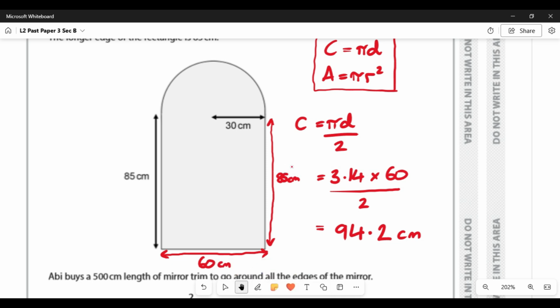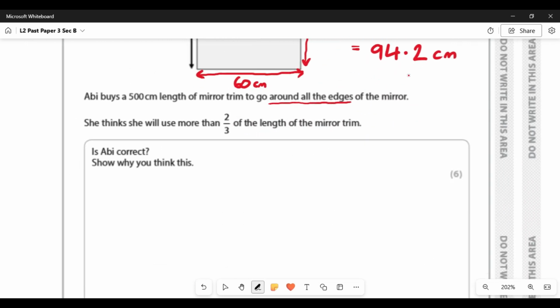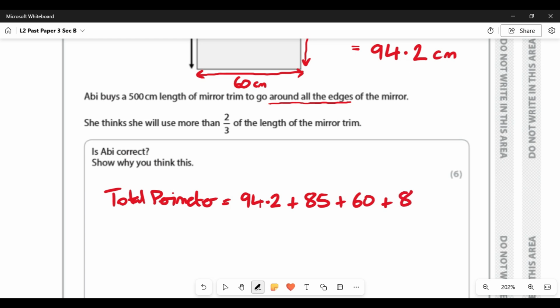So let me work this out. So this will be total perimeter equals 94.2 plus 85 on the right hand side, 60 along the bottom, and 85 on the left hand side.